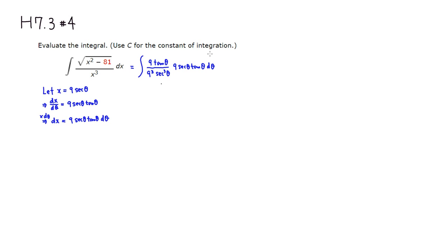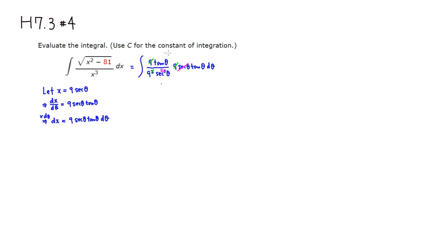All right, so we have that. Let's simplify it. You have a 9 and 9 squared, so we can cancel the 9 up here with the 9 on the bottom, and you still have 9 on the bottom. Then you have a secant on top, and one of them cancels out, so instead of cubed, you're going to have a square there.